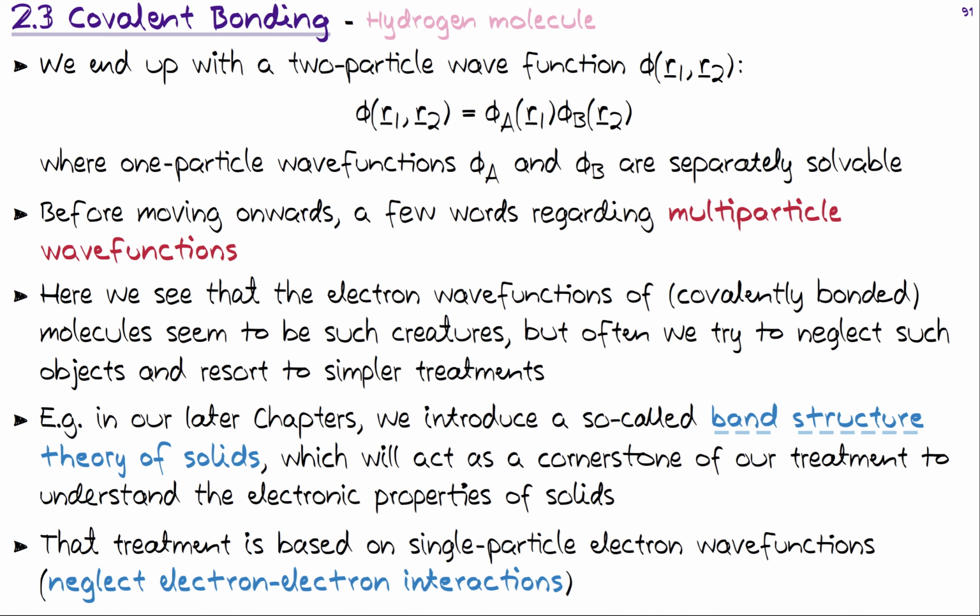And this works quite nicely, but I must say here that this doesn't always work. So if you're interested in seeing, for example, cases where this single electron approximation fails, I really recommend you to look into Mott insulators. And another phenomenon that is really based on two-electron wave functions is superconductivity.